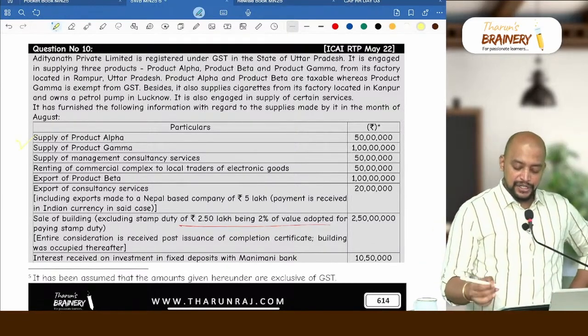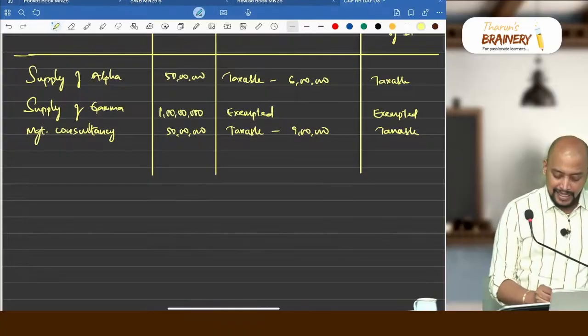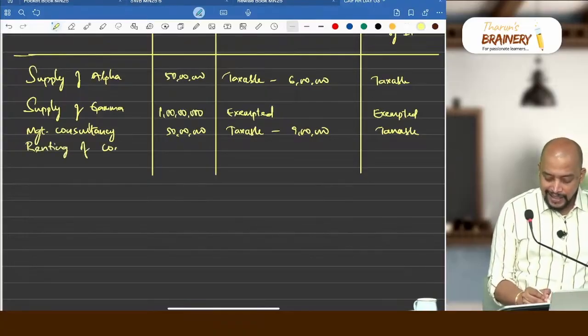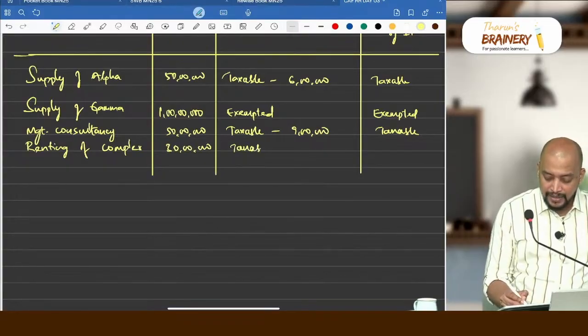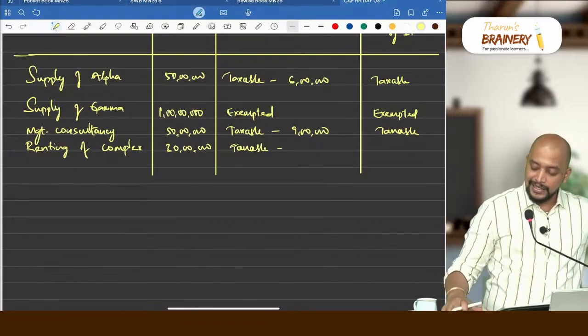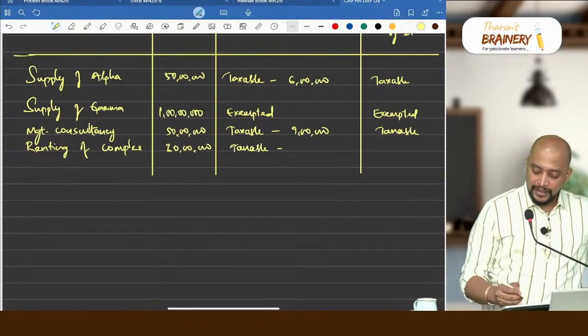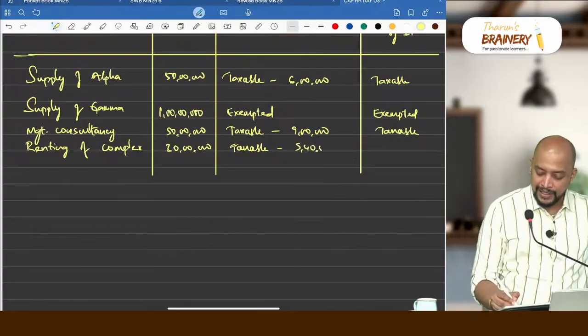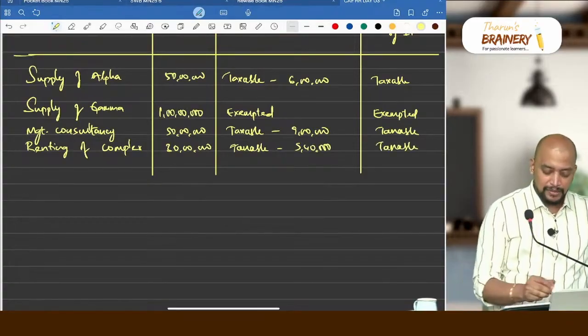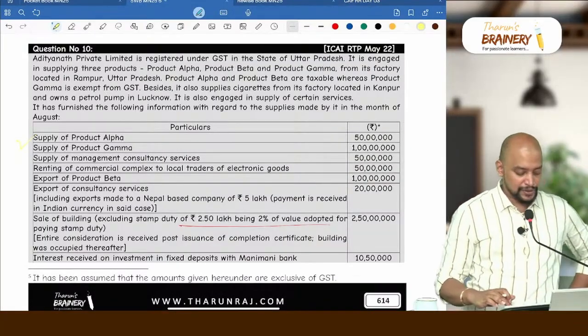So renting of commercial complex is a service, that is 30 lakhs, and it will be taxable. We don't have any exemption with respect to renting of commercial property, and 30 lakhs into 18% will be 5,40,000. As it is taxable for payment of GST, definitely it will be taxable even for ITC purpose also.